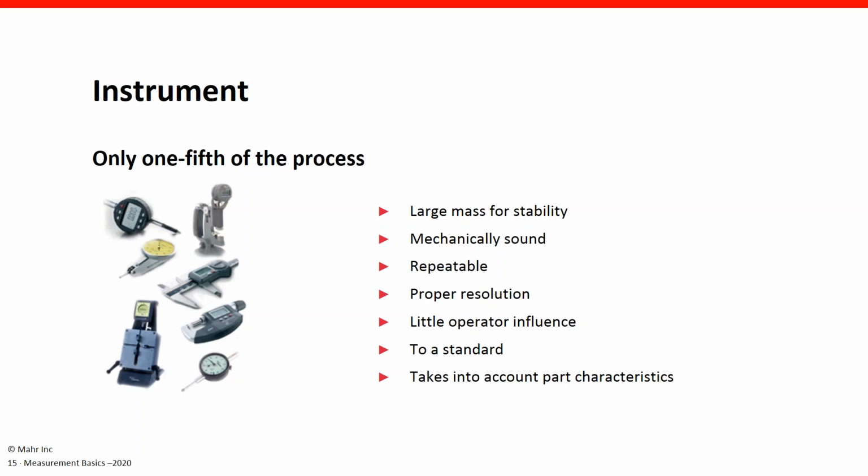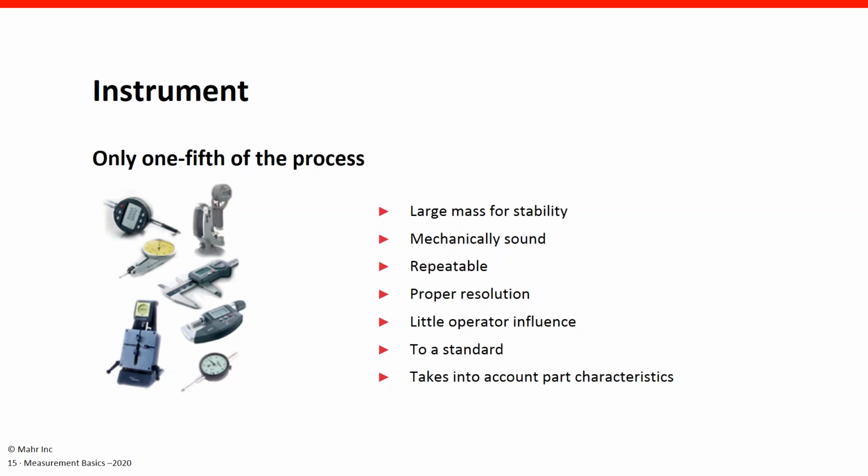But gauges are a big part of the process. They should be large and strong enough and have enough mass to be a stable gauge platform. They should be mechanically sound with no long arms and overhangs and so forth. They should be tested for repeatability, have the proper resolution for the application.